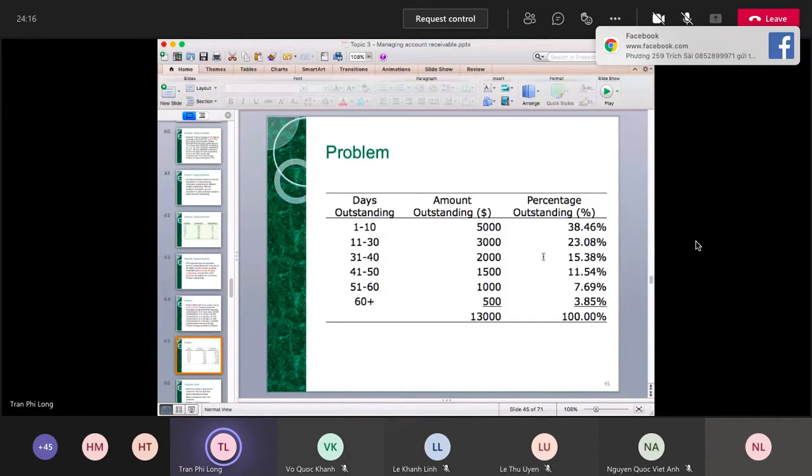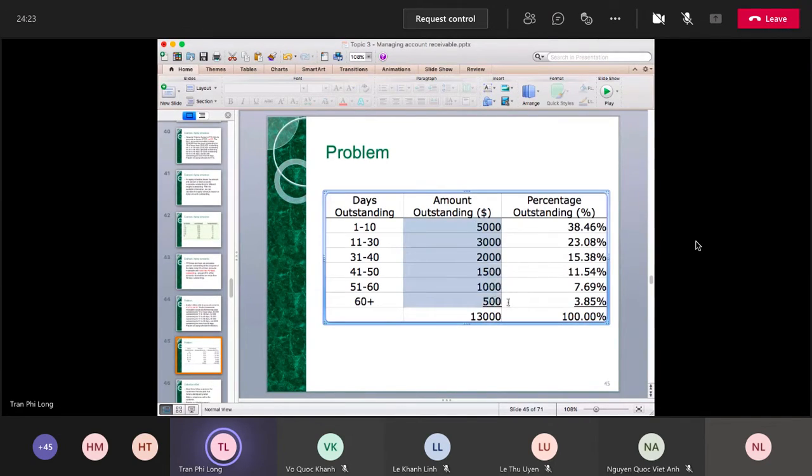And this is the results. Okay, and now you can have a quick look at the results.